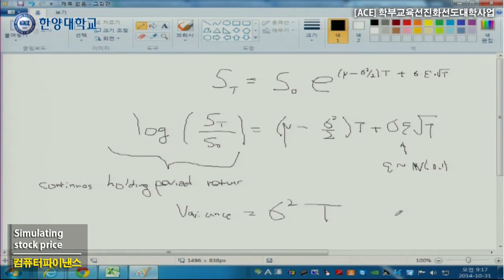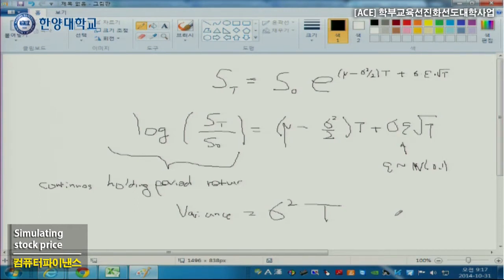So if we set this stochastic term as sigma epsilon root t this way, then we can make the variance sigma squared t, which has a nice property that variance increases over time, proportionally, as if stock returns are independent of each other. And that actually makes sense.